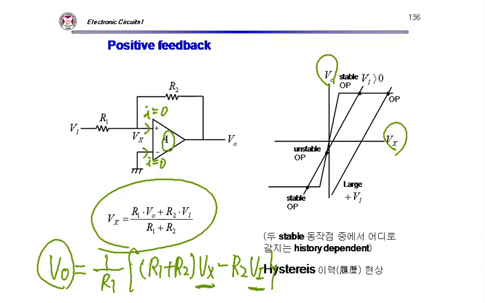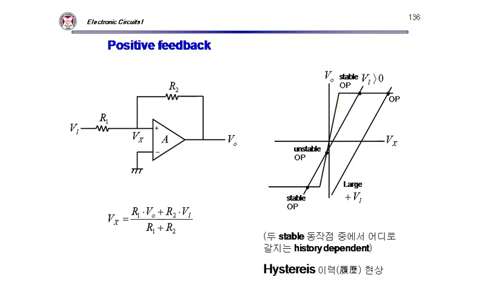If my Vi equals 0, it will be like that. This is my curve, because the slope in terms of Vx is only R1 plus R2 over R1. However, this gain curve is, because Vx is positive, negative input is 0, so this slope is A. A is much larger than this slope, right? Anyway, if Vi is positive, I will get this curve.